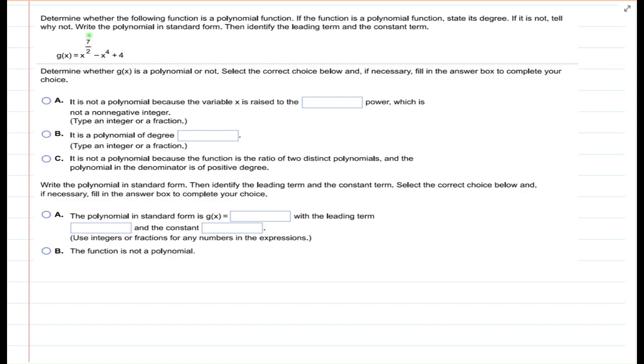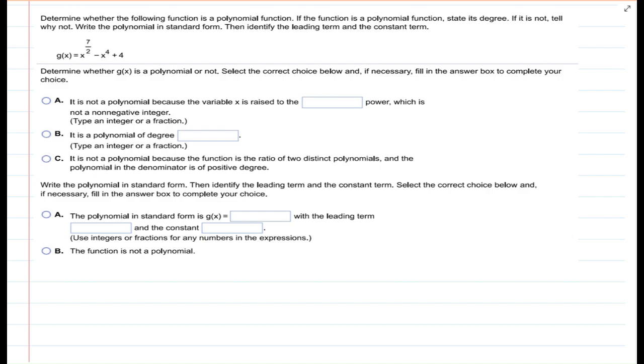One exponent is 7/2. 7/2 is 3.5. So it is not a natural number. And the other one is 4, which is a natural number, and it is okay. But because of x to the power 7/2, this function is not a polynomial. It's not a polynomial, but we can write it in the standard form.